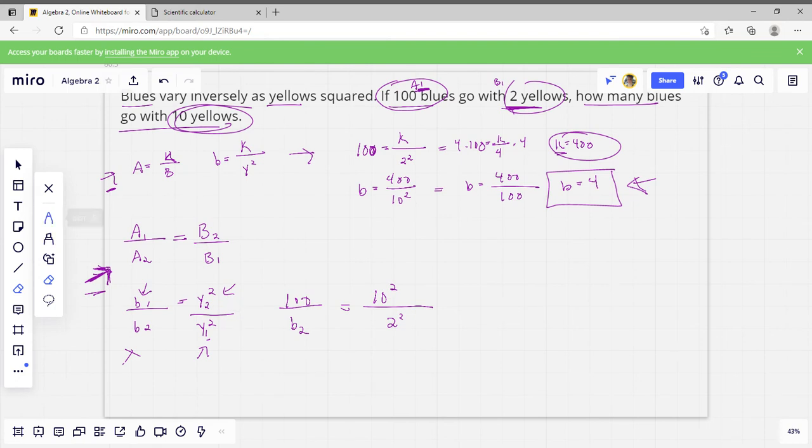Alright, so now we're going to do 100 over B2 equals 10 times 10 is 100 over 2 times 2 is 4. So then we would cross multiply and we would get 400 equals 100 times B2, divided by 100.